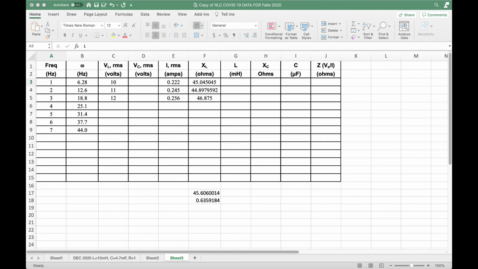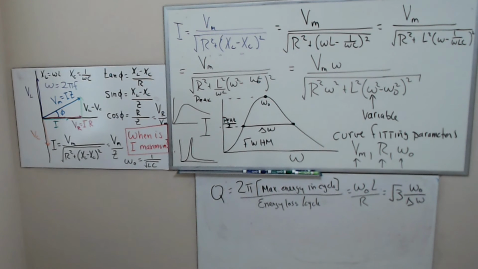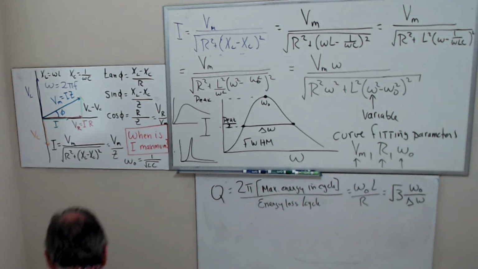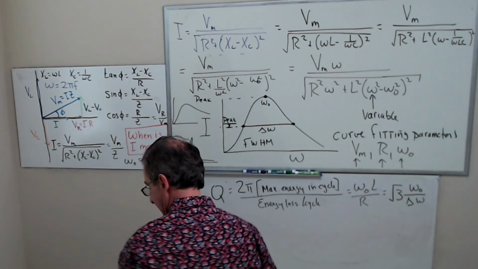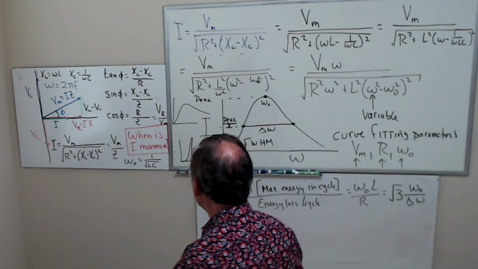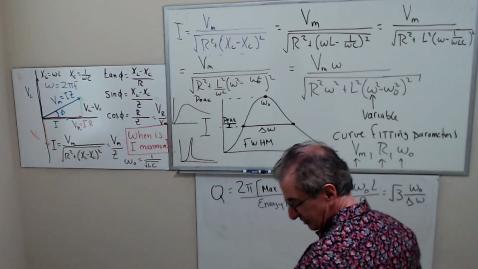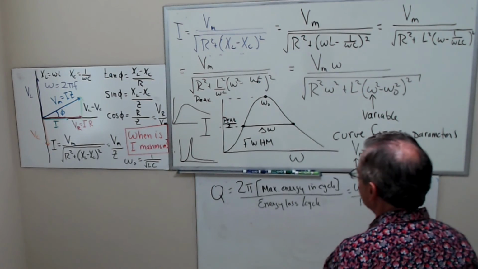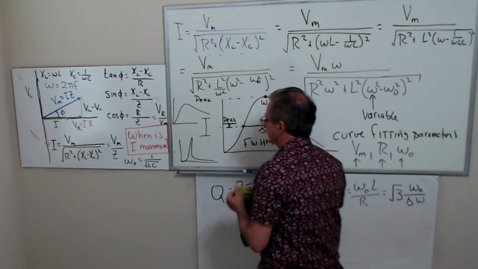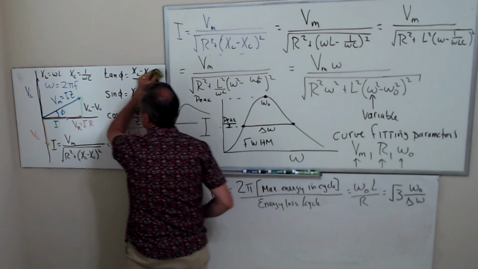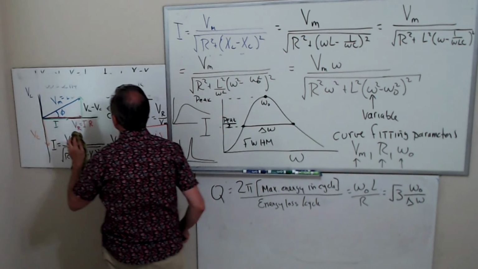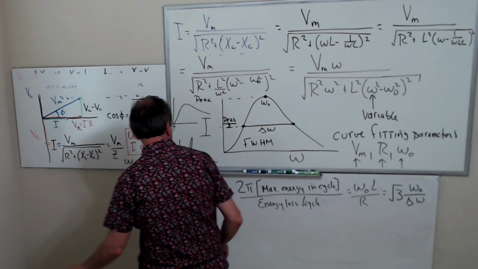All right. So what I'm going to do now is take a look at the RLC circuit in a different fashion. I'm going to set up the differential equation. Actually, I shouldn't erase this.